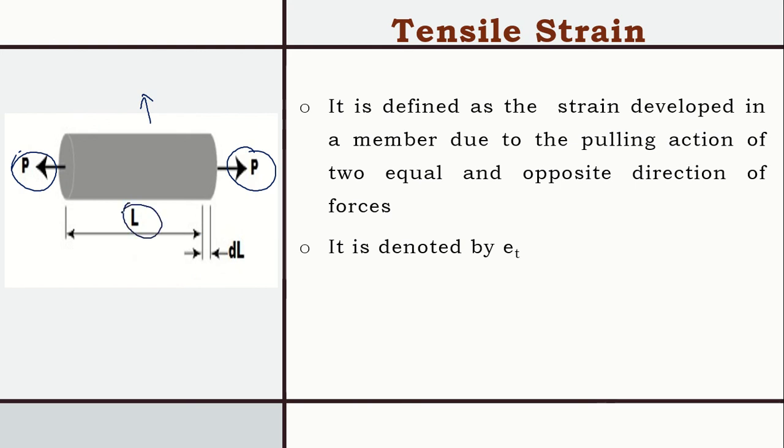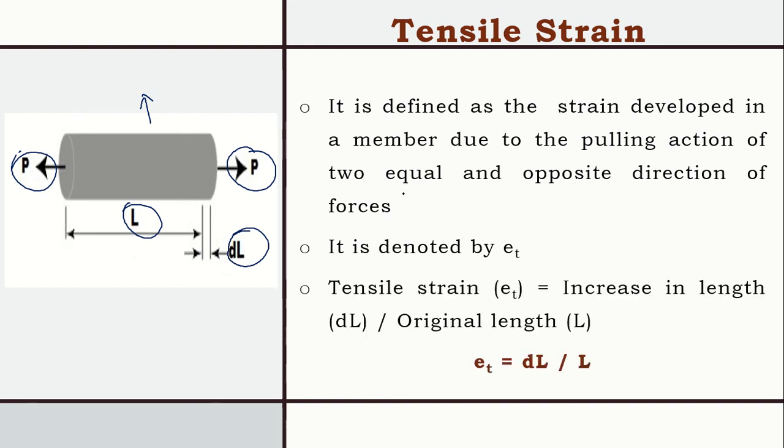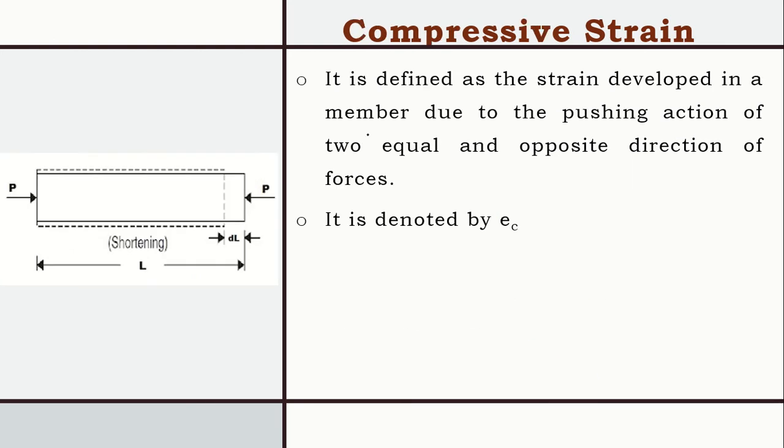So L is the original length of the material and dL is the increase in the length of the material due to this tensile action, because on either sides we are pulling the material. So that is called as tensile strain. So tensile strain is denoted by eT. As I've told, we can use eT or epsilon T, anything is okay, which is increase in length by original length.